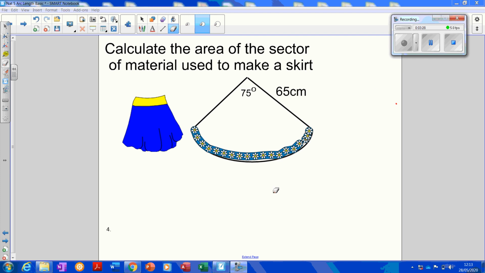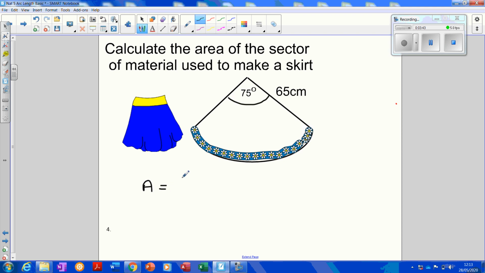Okay, right, we will do another. This question yesterday we did, and I changed it to the length of the arc, but we're now going to do this from the area of the sector. So calculate the area of the sector of material used to make this skirt. So area is equal to x divided by 360, so it's 75 degrees, divided by 360 degrees, multiplied by the area of the full circle, which is pi times r squared, so it's times 65 all squared.